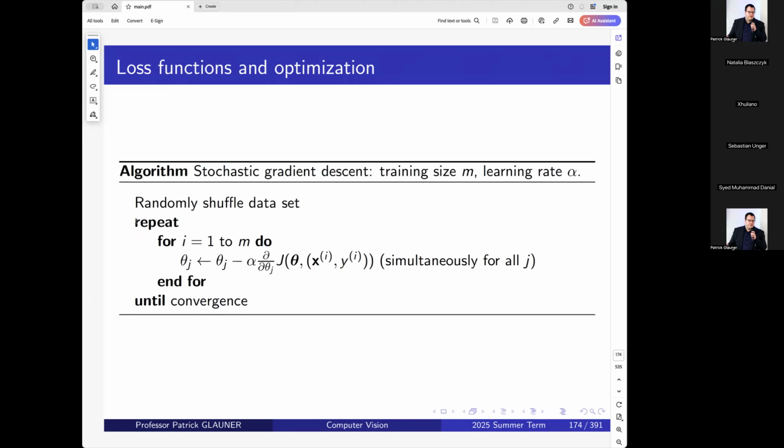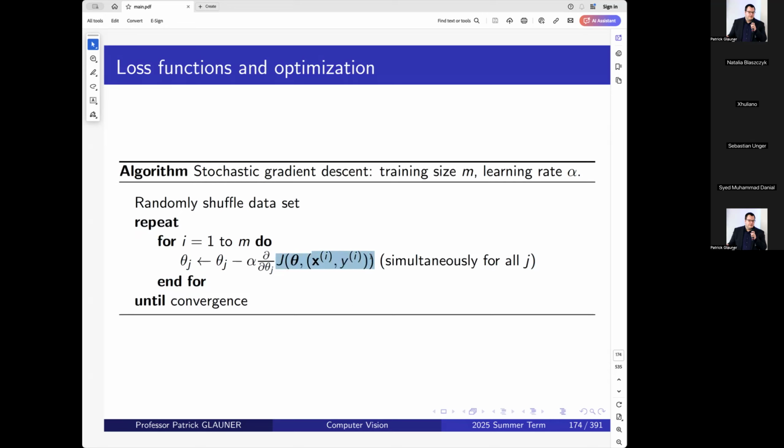So as before, I have my repeat until convergence, but then in the simplest form of stochastic gradient descent, I would go through all my m examples and calculate that error for my one example. Sometimes maybe not just one example, maybe you would put in, say, 10 examples or 100 examples, and for those you would calculate the error.